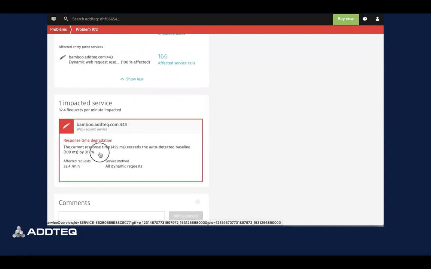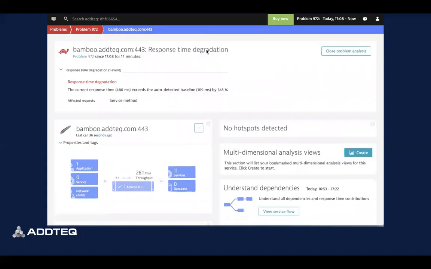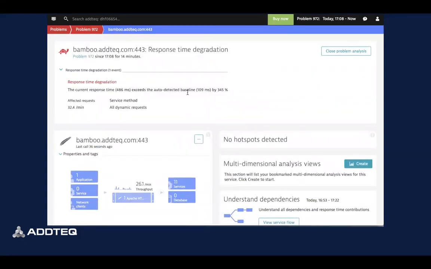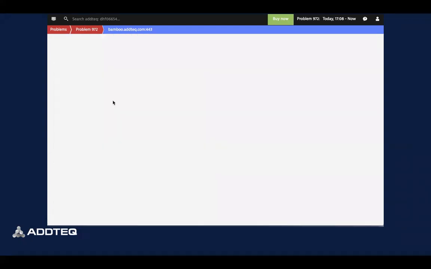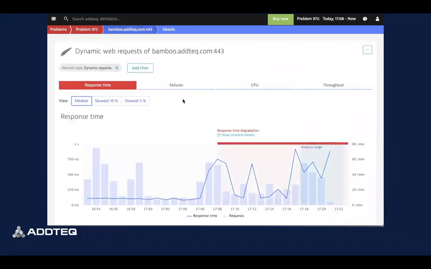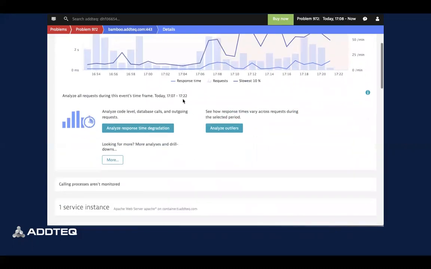It tells us that the deviation is 317% from the baseline that it has automatically detected for this application. We can then drill down into the response time for both dynamic web requests as well as resource requests. Resource requests could be static things like images and CSS, but dynamic are the actual application requests.